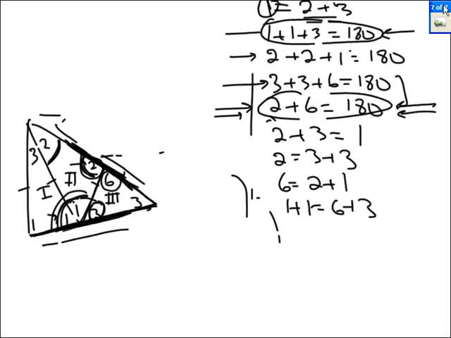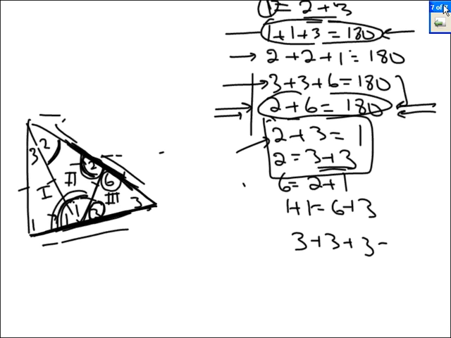Let us look at these two equations right here. Okay, and let's see what we can glean from these two equations. Angle 2 is really angle 3 plus angle 3. So in the top one, angle 2 is angle 3 plus angle 3, plus another angle 3, we get angle 1.